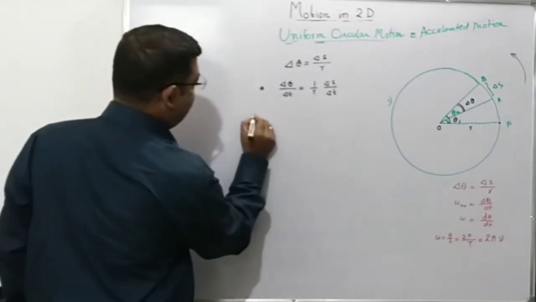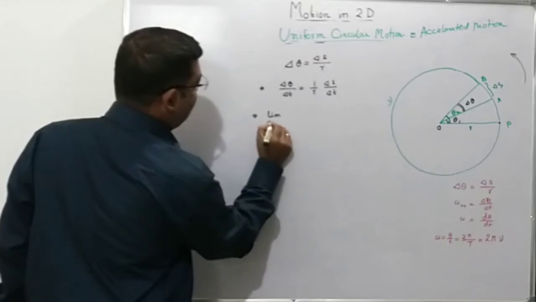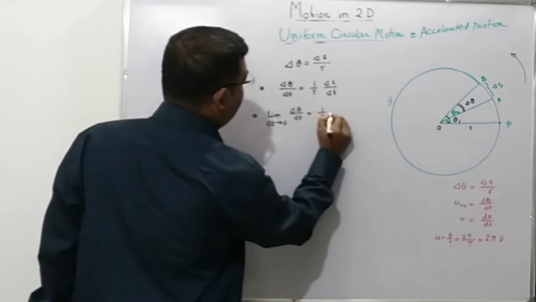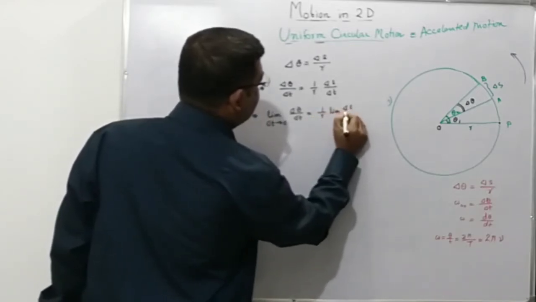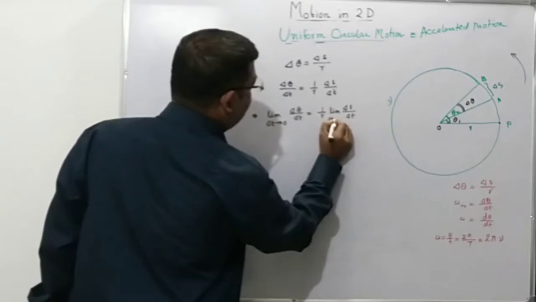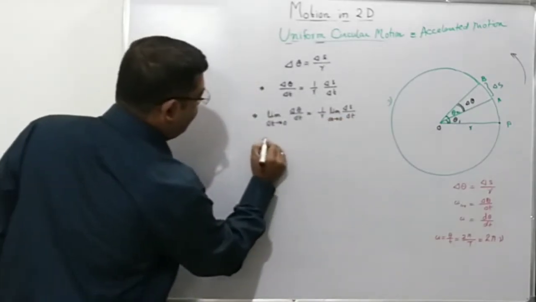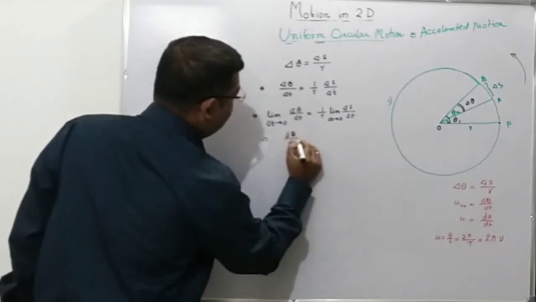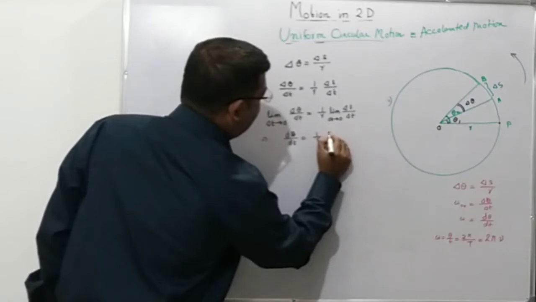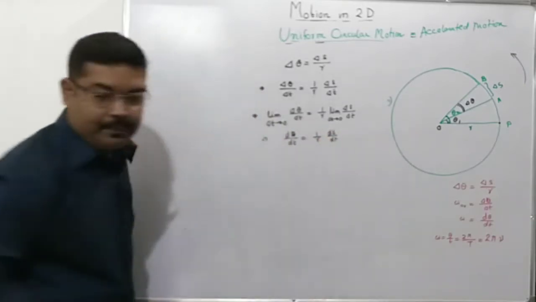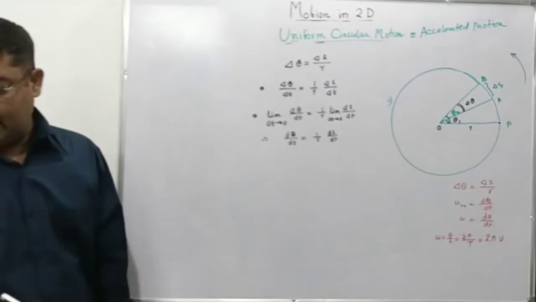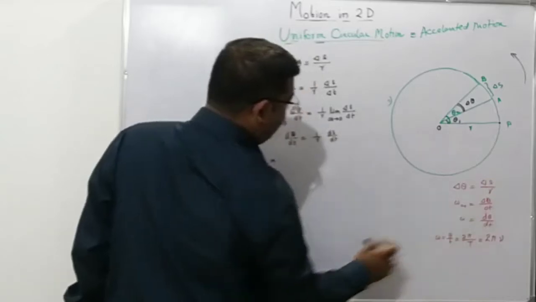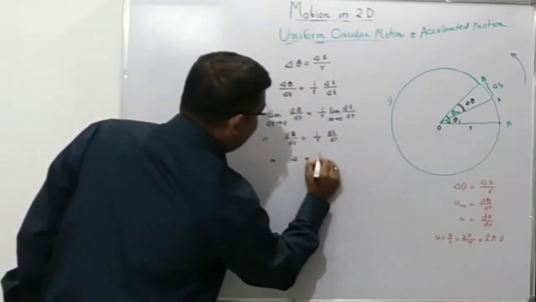If we take the limit on both sides, that is limit delta t tends to 0, delta theta by delta t must be equal to 1 by R limit delta S by delta t, so we can rewrite this as d theta by dt equal to 1 by R ds by dt, right? However, we know that d theta by dt is omega, so we write omega equals 1 by R ds by dt.